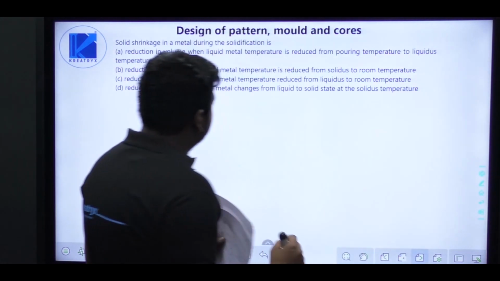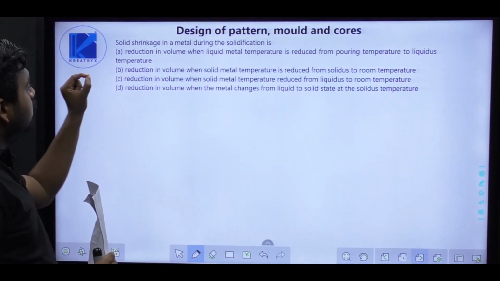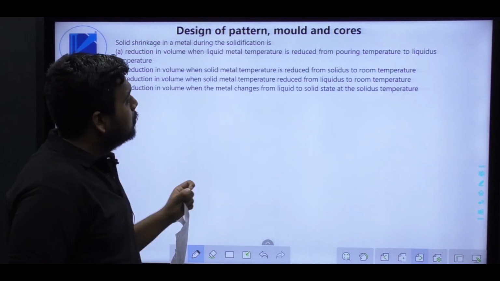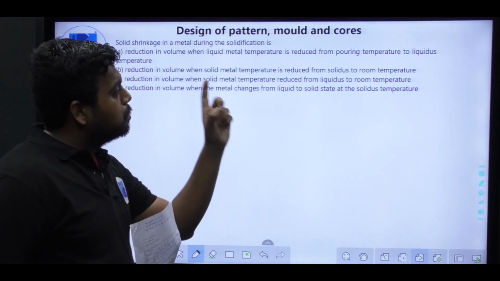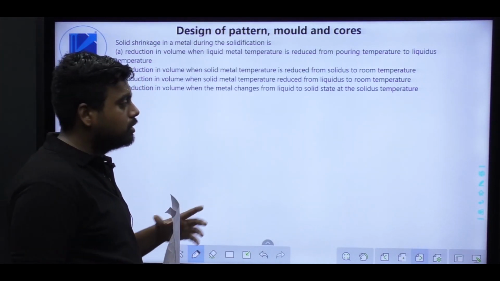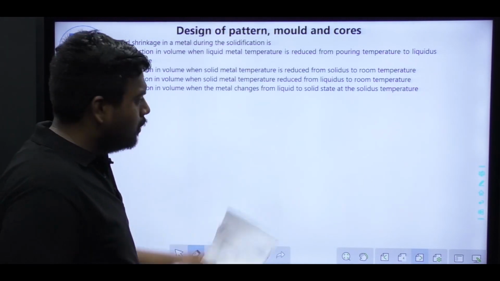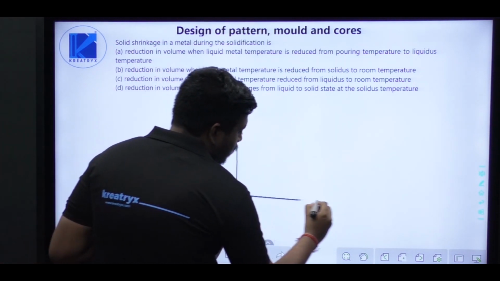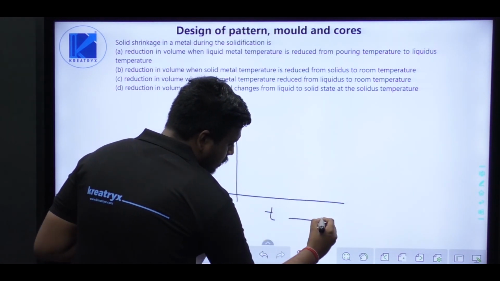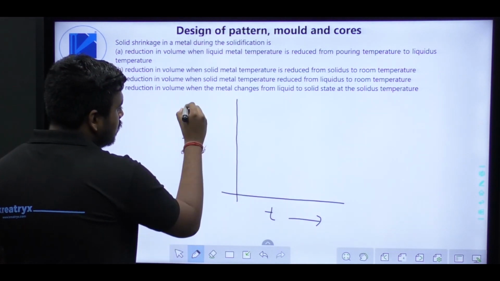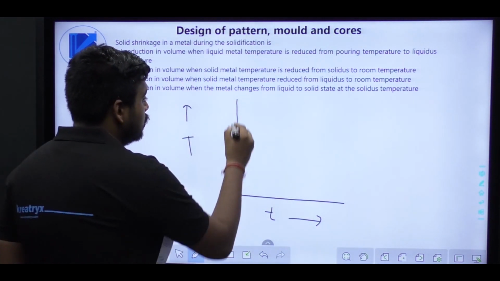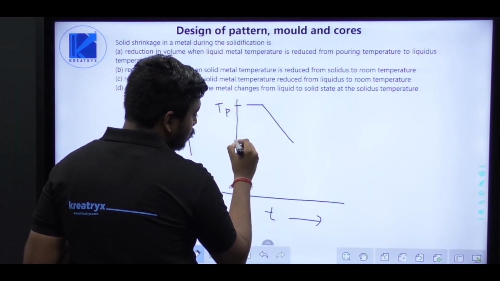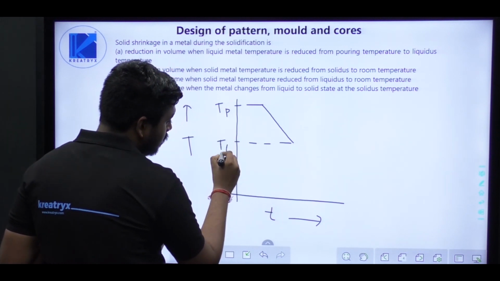Now in this question, if you read it, solid shrinkage in metal during solidification is reduction in volume when liquid metal temperature is reduced from pouring temperature to liquidus temperature. I will once again draw the curve here so that you do not get confused. In the previous slide, on the x-axis there was time and on the y-axis there was temperature. The metal starts from temperature Tp, and it moves to temperature Tf.